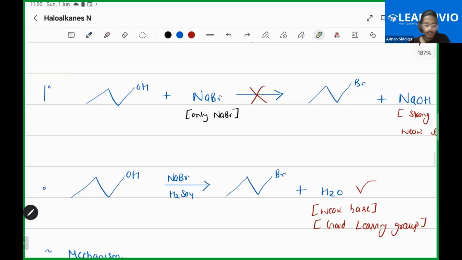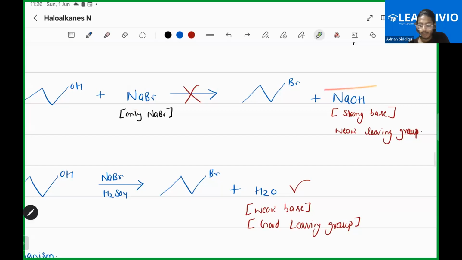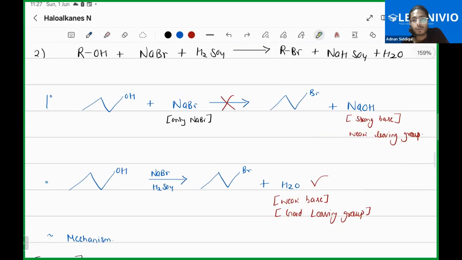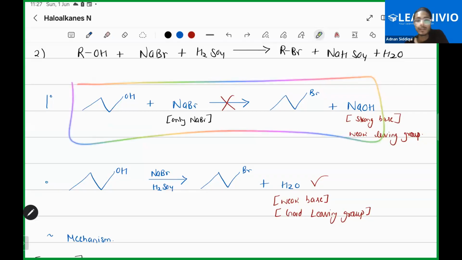Here, I have to remove OH, and it is getting removed in the form of sodium hydroxide, a strong base, weak leaving group. A strong base will try to attack the substrate again. The moment it is formed, it will attack the substrate again and form our starting reagent again. So we won't be able to form our desired product.